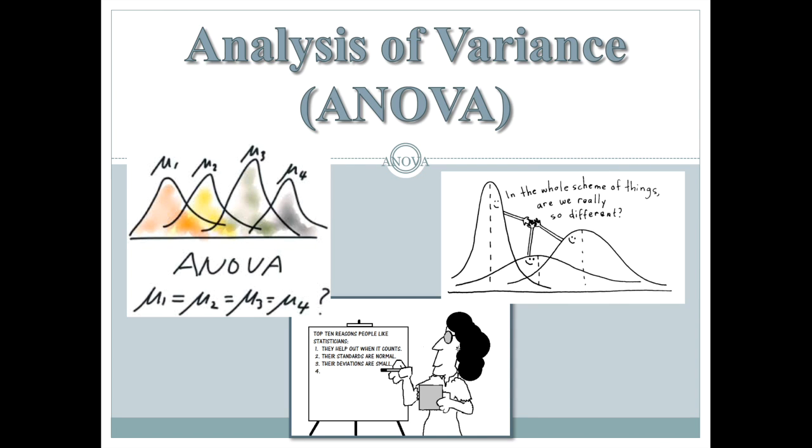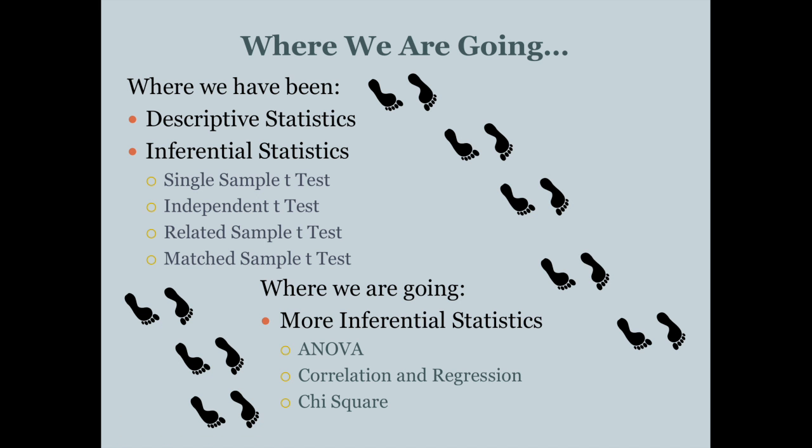Analysis of variance, or in shorthand, ANOVA. So, ANOVA. Okay, so it's just some of the places that we have been in this PowerPoint journey we've taken. Descriptive statistics, the very beginning part where we just organized and simplified the data. We talked about histograms and polygons and bar graphs, things like that.